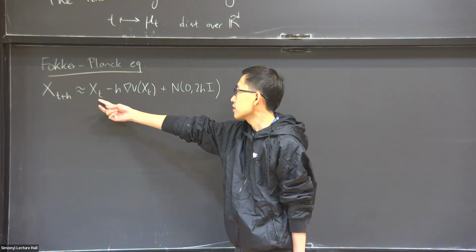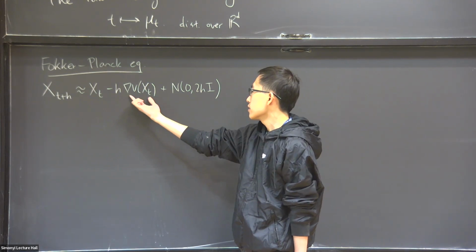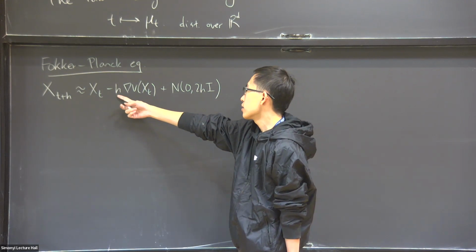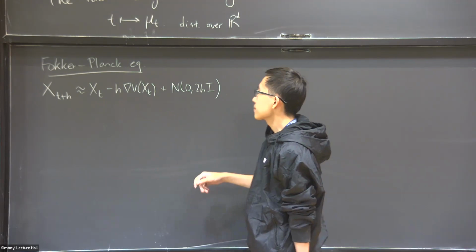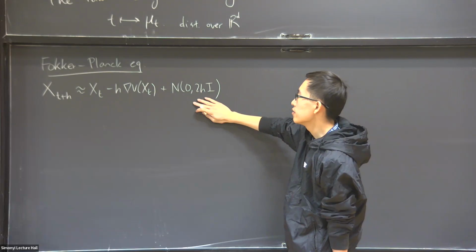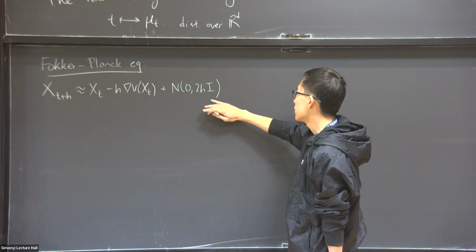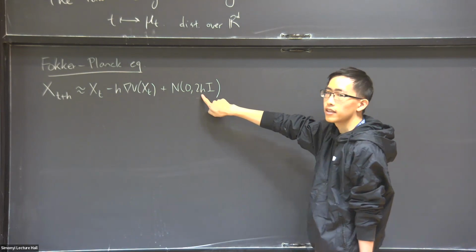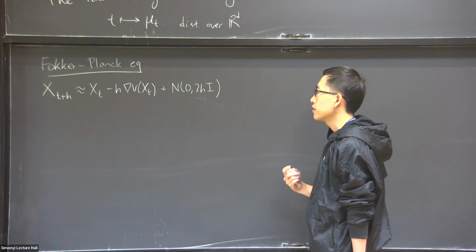I start at xt, I take a step in the direction of negative gradient of v with step size equal to little h. And then this is the Brownian motion. From the distribution of the Brownian increments, the amount of Gaussian noise I'm adding at this iteration has covariance 2h times I_d.